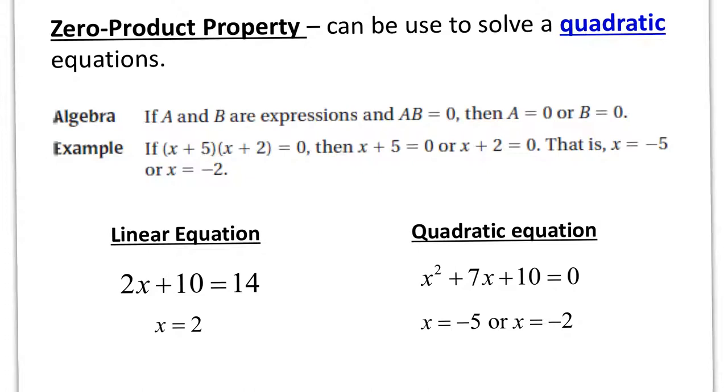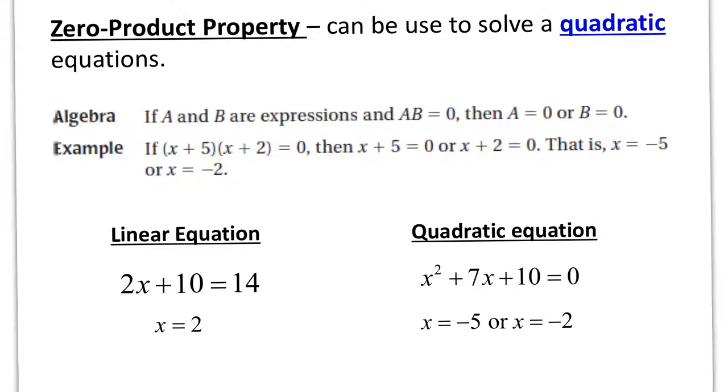Now let me tell you guys why we are going to have 2 answers. So that's where we go to the definition of the zero product property. If you have 2 numbers or 2 expressions, let's say a and b, and you multiply those 2 expressions, a times b, and we know the answer is 0, so a times b equals 0.